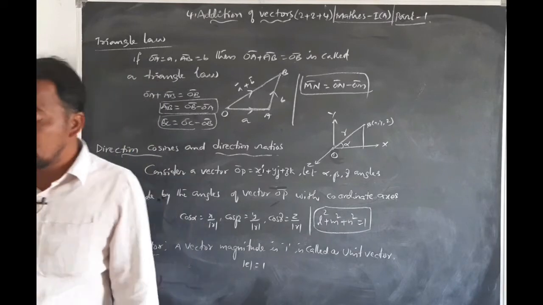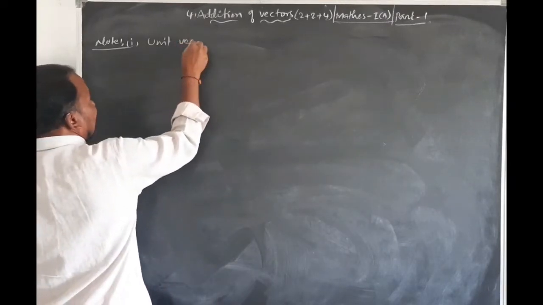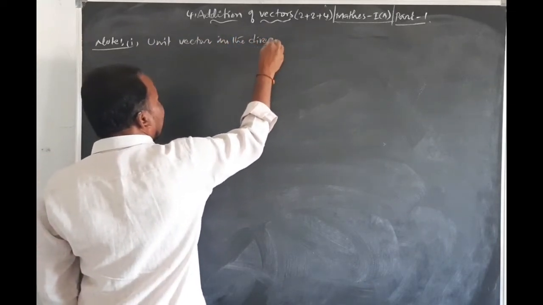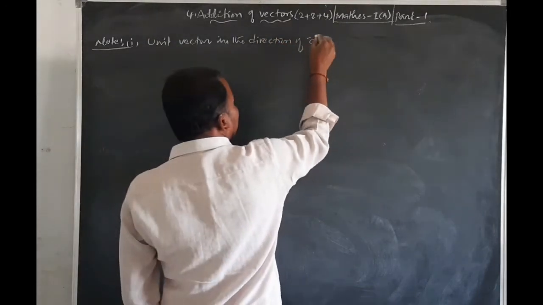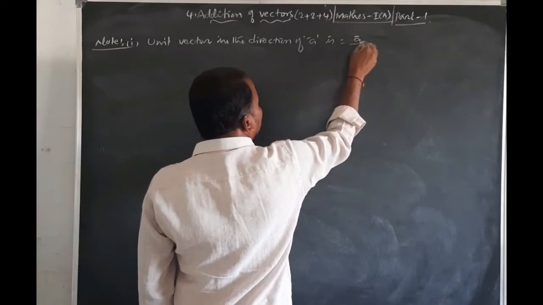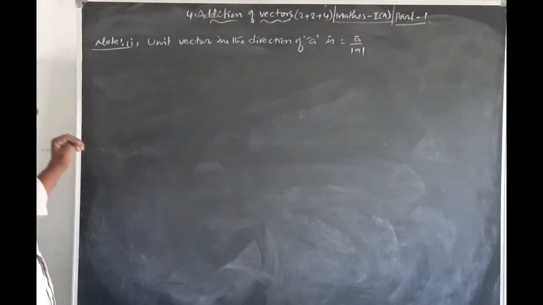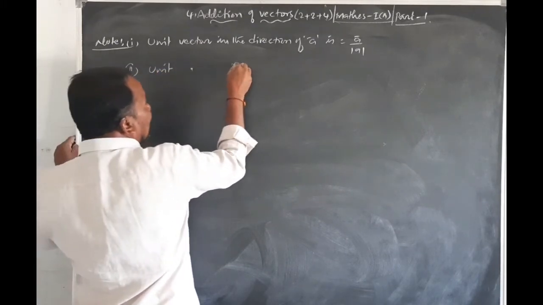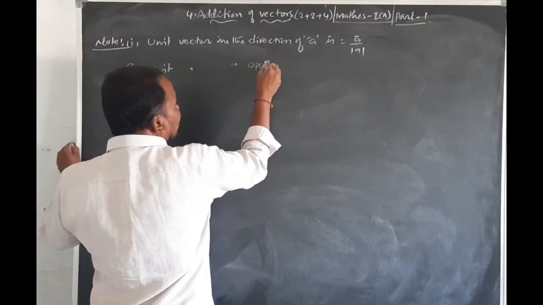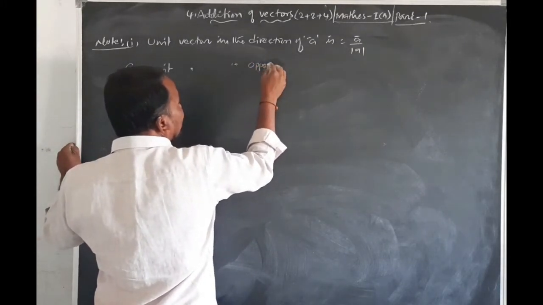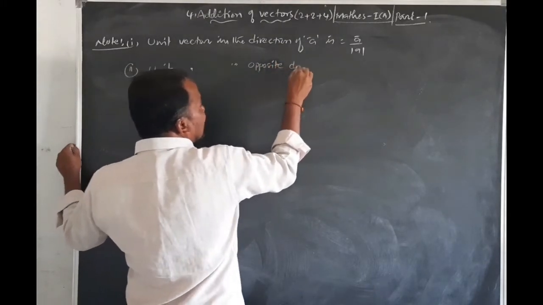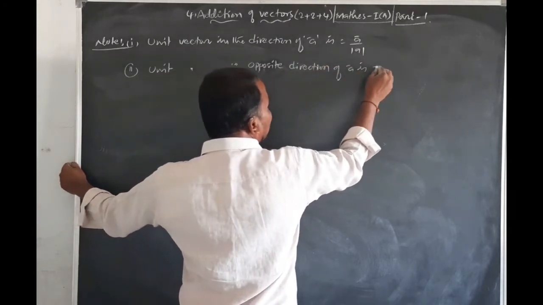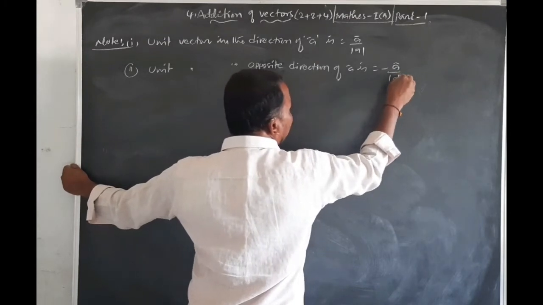Note: the unit vector in the direction of a is a by mod a, and the unit vector in the opposite direction of a is minus a by mod a.